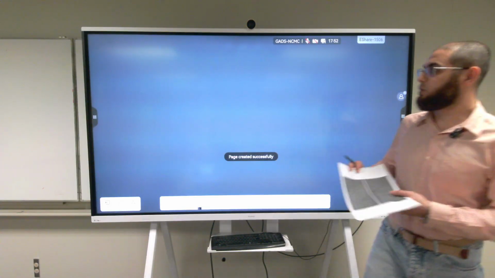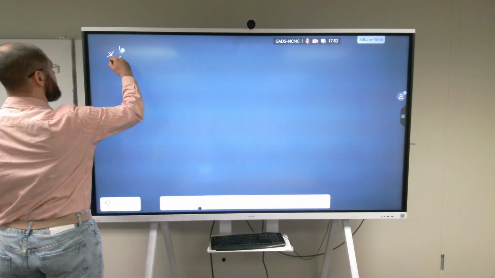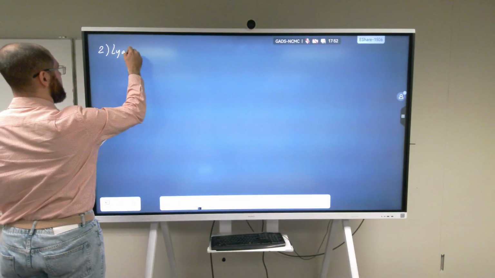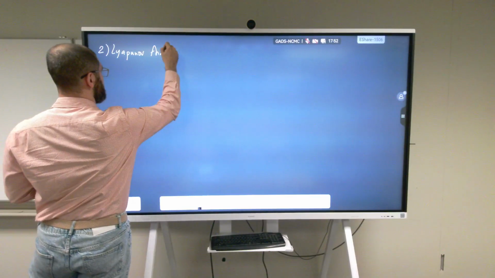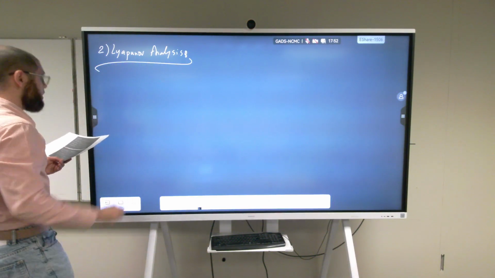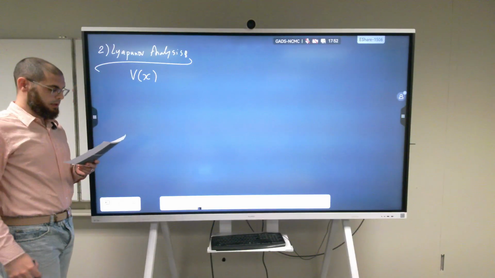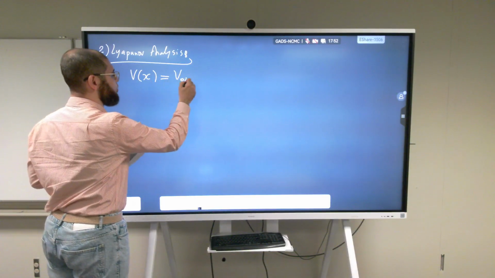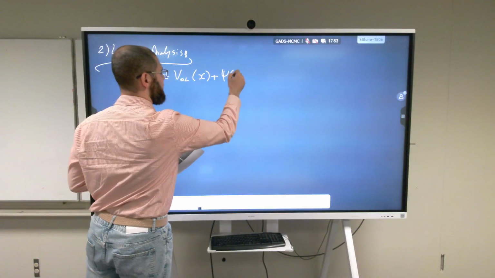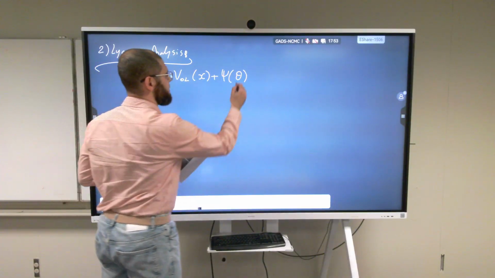So let's do a Lyapunov analysis. Part 2. The closed loop V, we're going to be calling it V. We're going to be choosing it as the V open loop, the one that we had earlier, which was also a function of x, plus this extra psi that we added, where the theta here, just to be consistent, is actually x1.